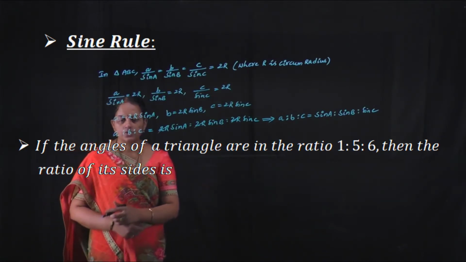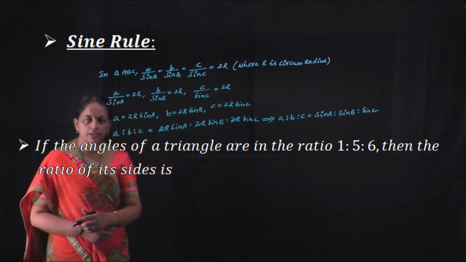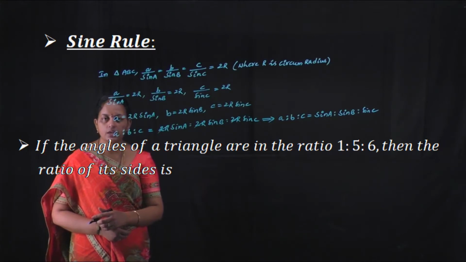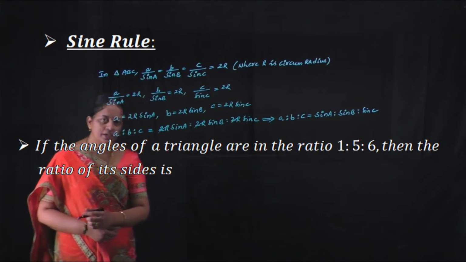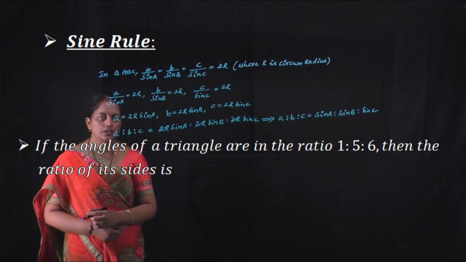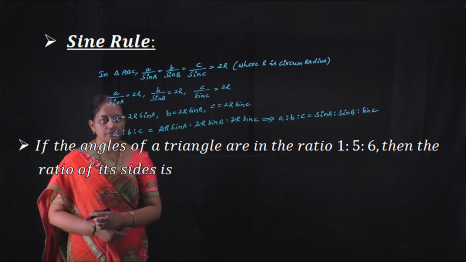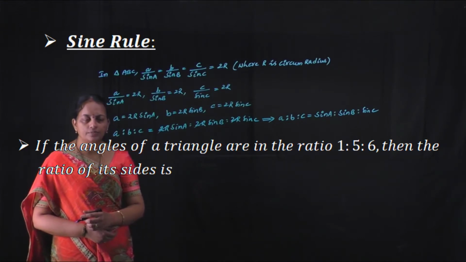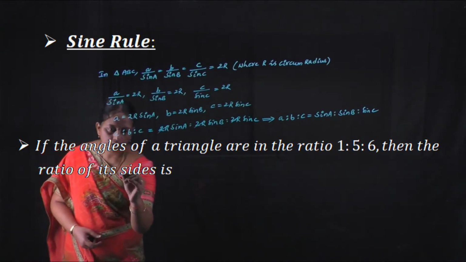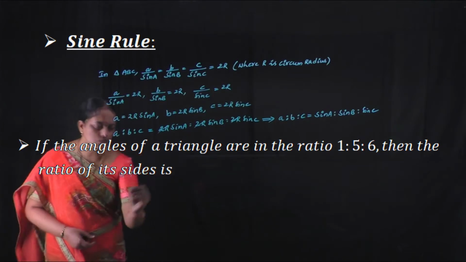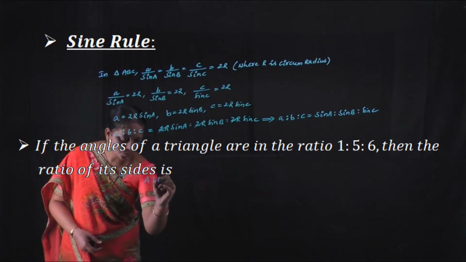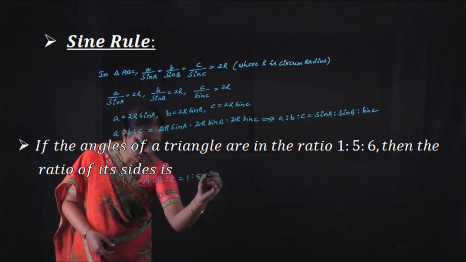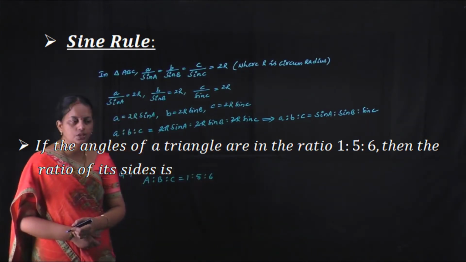First one is, if the angles of a triangle are in the ratio 1:5:6, then what is the ratio of its sides? We are given that the angles are in the ratio 1:5:6. Angles of a triangle are denoted by capital A, capital B, capital C. So, given that A is to B is to C is equal to 1:5:6.